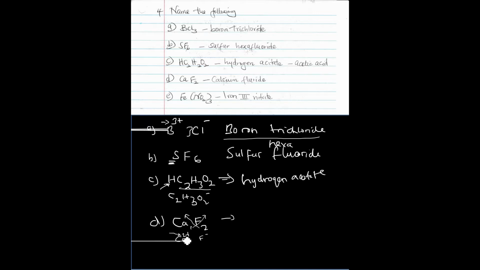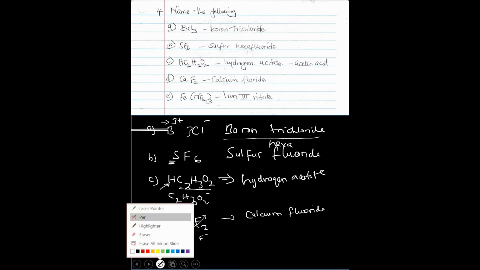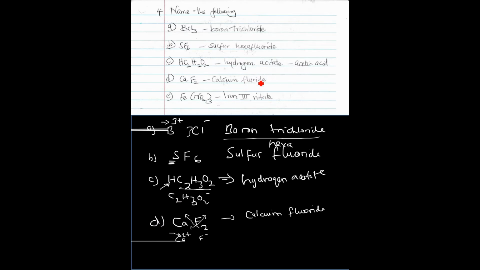So calcium will have its 2 plus, it's in the main group 2. So this is calcium fluoride. You don't need to say difluoride, it's just calcium fluoride. So you're missing an O on your answer. So, fluoride.